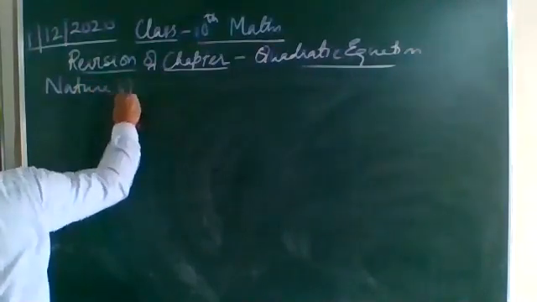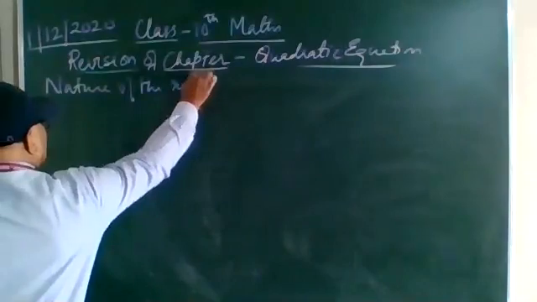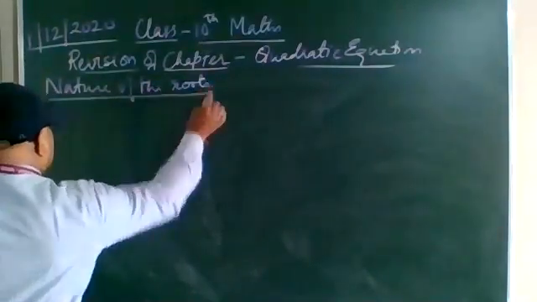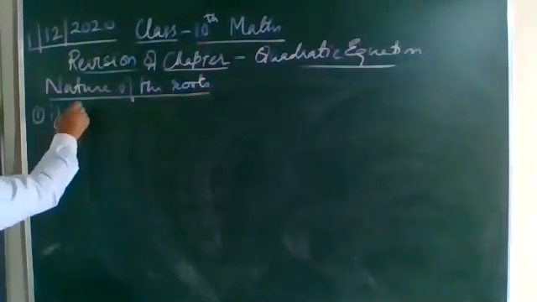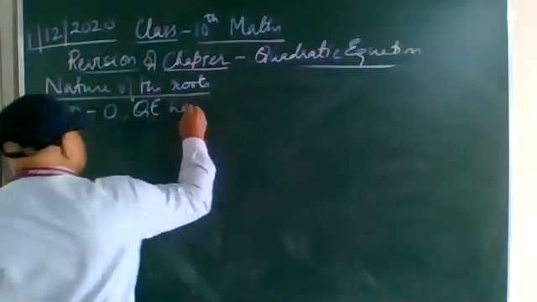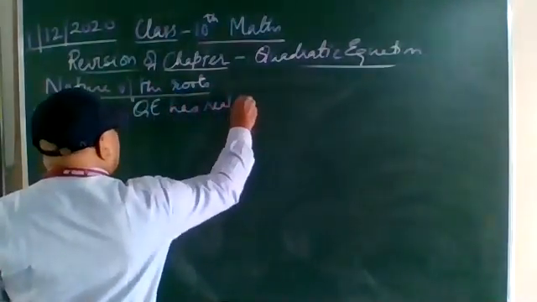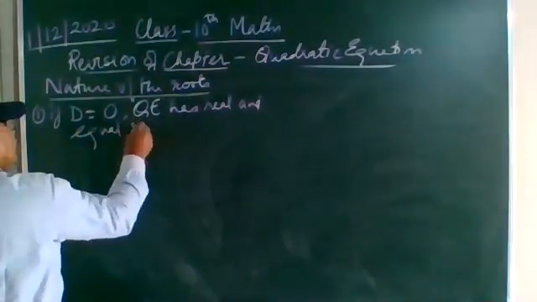So the heading will be nature of the roots. First, if D equal to 0, the quadratic equation has real and equal roots.